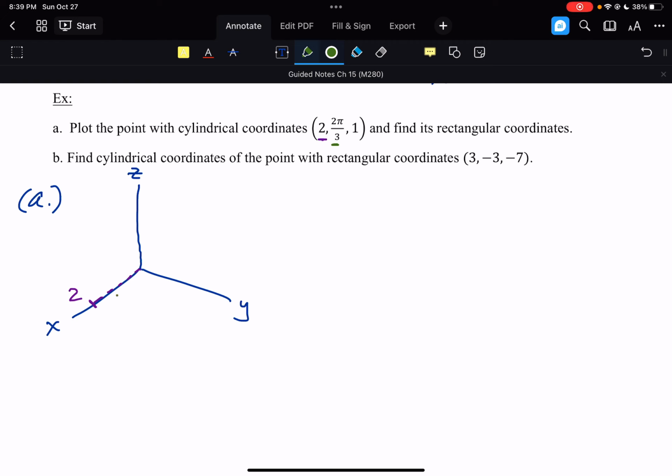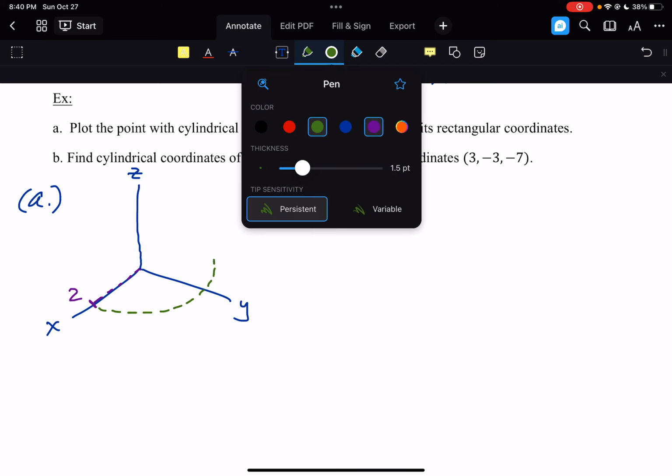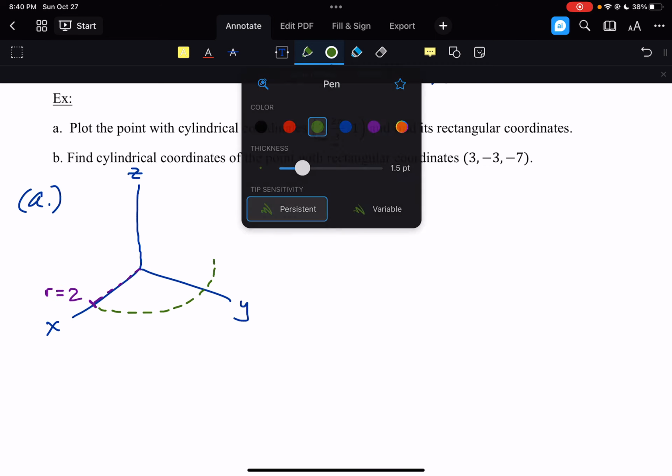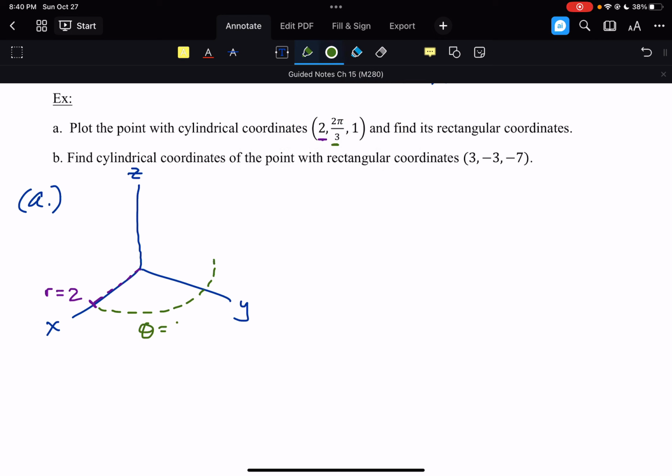So that's like 4 pi over 6, so just above pi over 2. So we're going to go to right about there. Okay, so r equals 2 tells us how far out. Theta equals 2 pi over 3 tells us how far around.